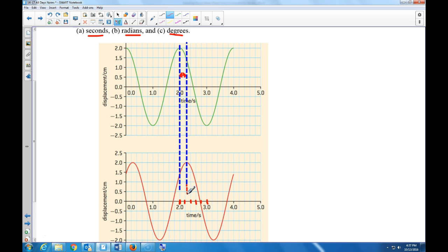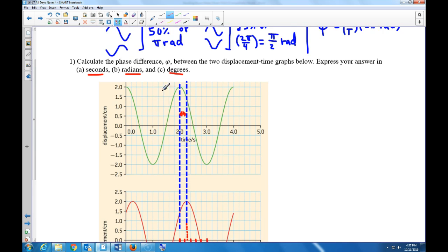So this one is between 2.2 and 2.4. Let's just call the first 2.0 seconds, and this one we'll call 2.3, since it's between the two. So the difference between them, delta t, from one to the other, is 0.3 seconds.